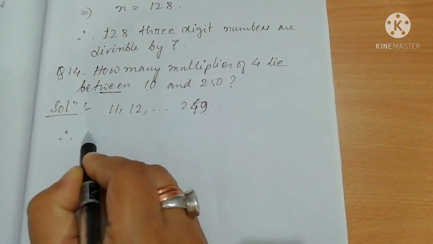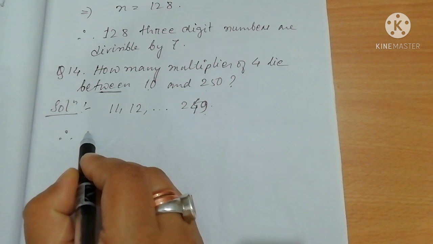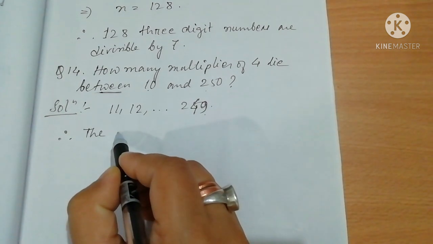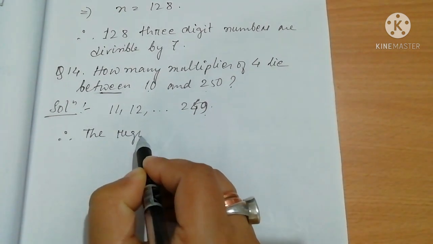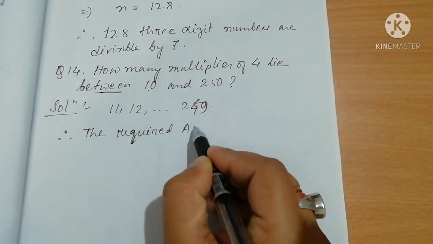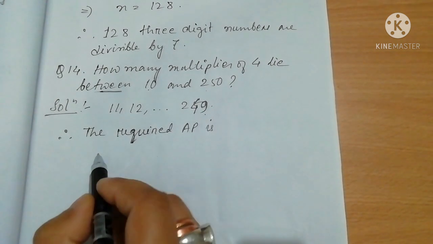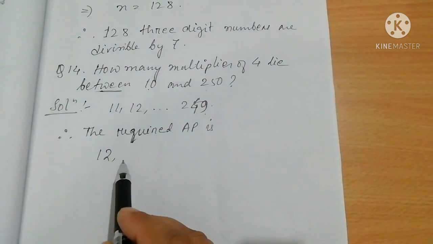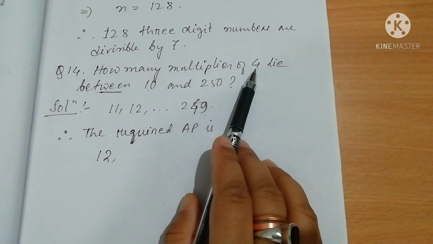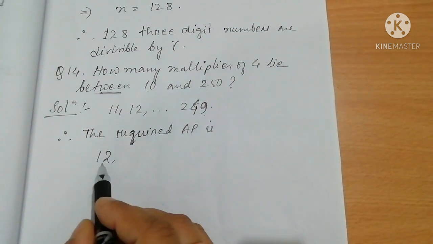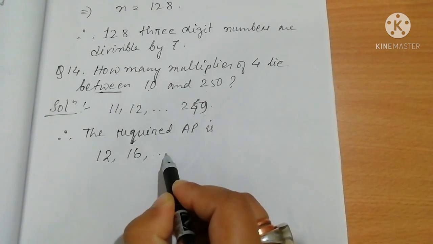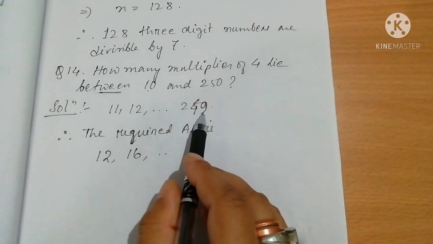So therefore the required AP is, the first number will be 12. As it is a multiple of 4, this 4 will be your common difference. So 12 plus 4 will be your 16. Then 249.